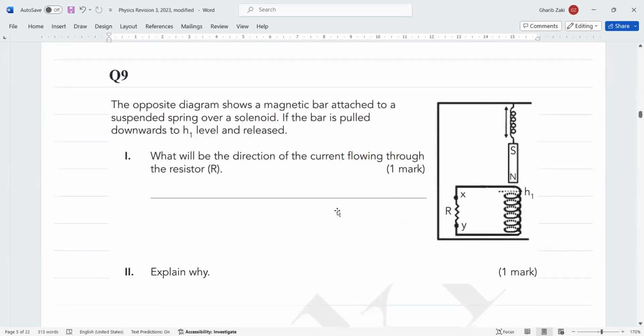Next. Try to solve this question, please. Two minutes to solve. Also this according to Lenz's law. Okay, ready?